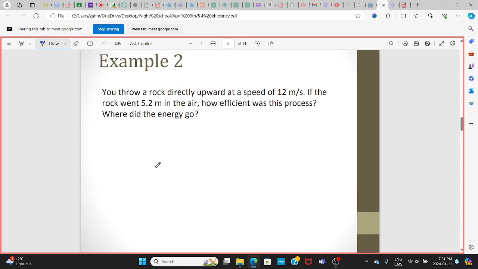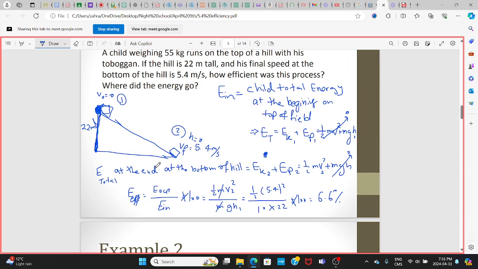Okay, second example. Yes? How do you know the output energy is at the bottom of the hill? So when you do some work, your final state gives you the output. Let's say you want to lift something, right?